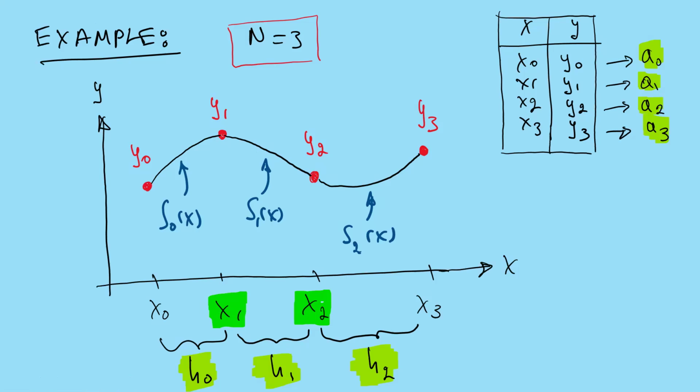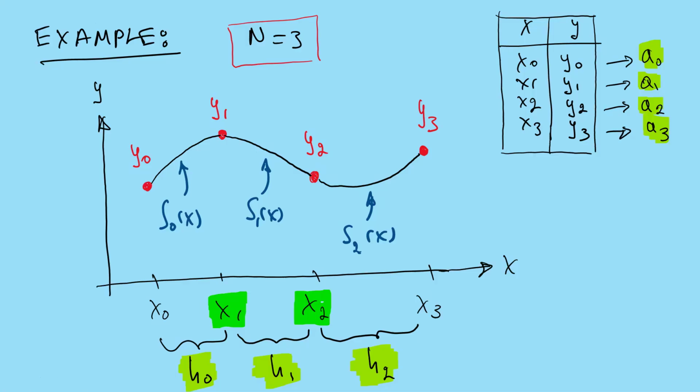the others. From the data table, the values of A sub 0 to A sub 3 are simply the corresponding y value at each node. So the main coefficient A comes directly from the given data, and we know these values.